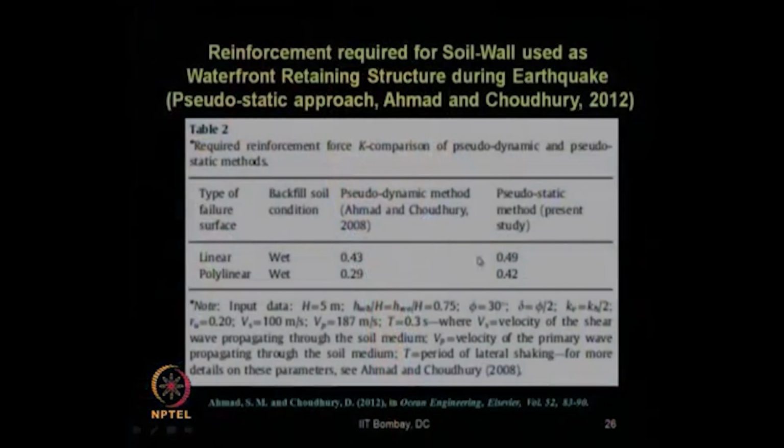So, for the waterfront reinforced soil retaining wall case, we found that pseudostatic results are giving the optimum value, or the design value or critical value of results. These details are available in the journal paper Ahmed and Chaudhary 2012, published in Ocean Engineering, published by Elsevier. This is the volume number and page number.